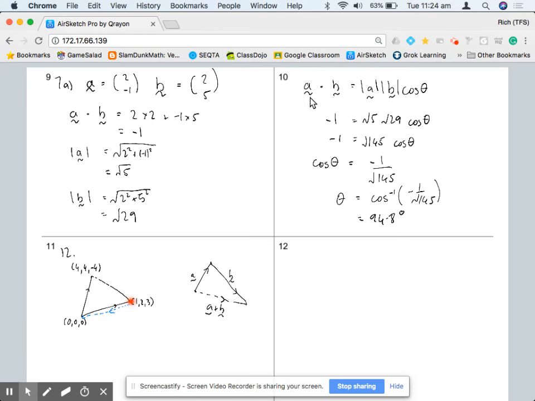So if we start from here, go back to 0 and then go up to here, this will give us a vector that I've put a blue arrow on. It doesn't matter what direction we've got because we're only interested in the distance. So if we can work out the magnitude of that vector, then we are good to go. So we can use vector sums to work out this vector here, and then we can use the magnitude function to work out the length.